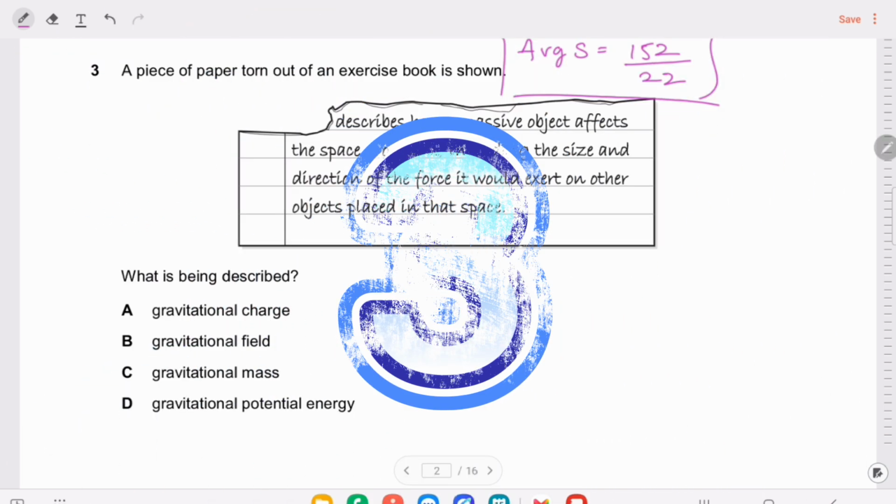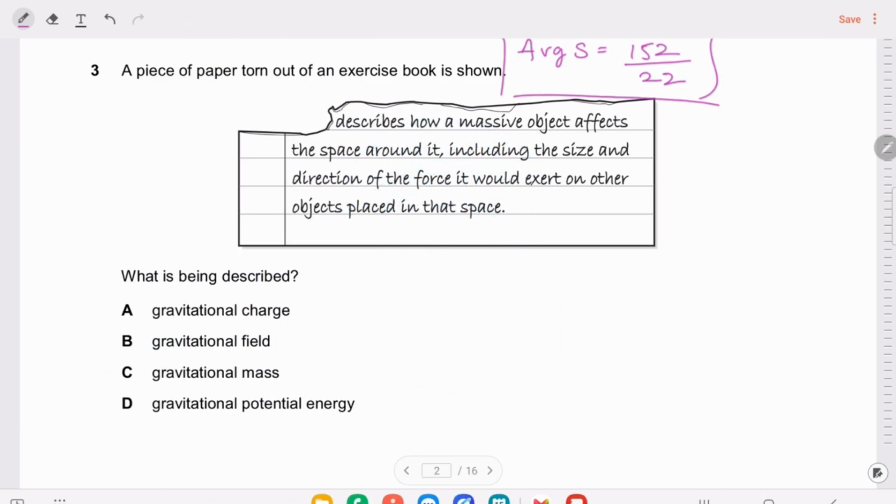A piece of paper torn out of an exercise book is shown. Describe how a massive object affects the space around it, including the size and direction of the force it would exert on other objects placed in that space. So that's a piece described there. What is being described? Gravitational charge, gravitational field, gravitational mass, gravitational potential energy.